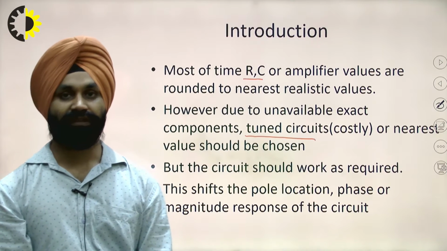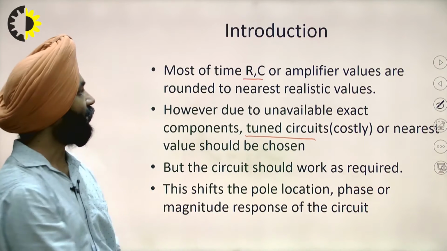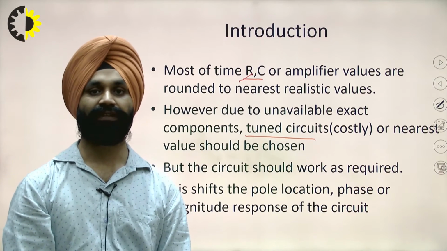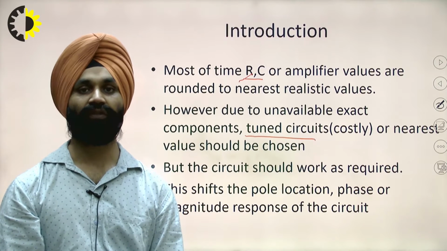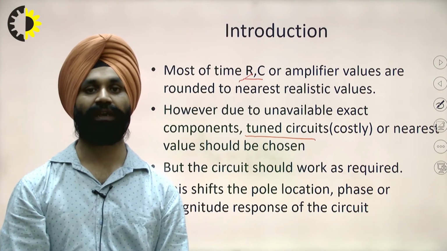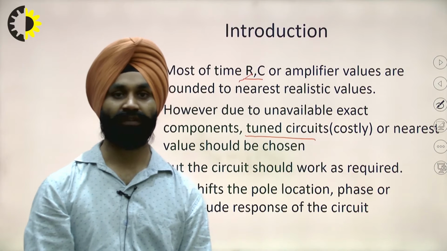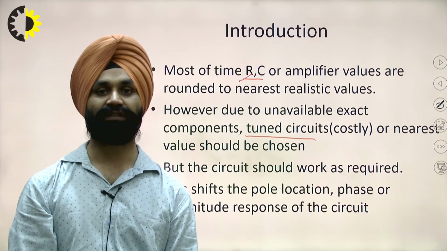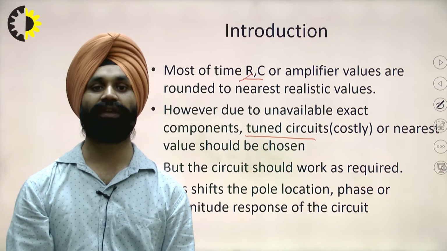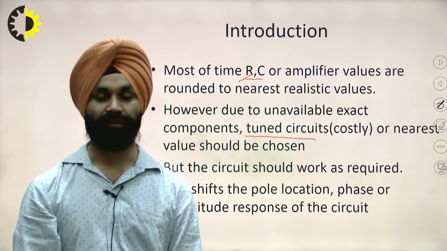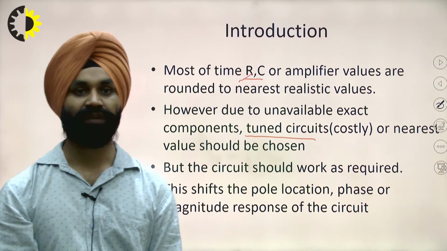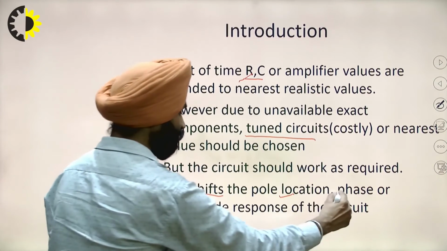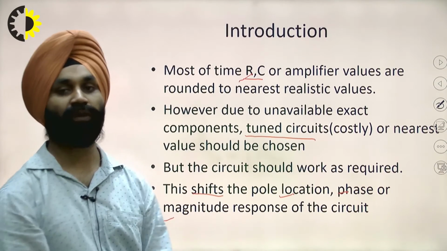Now, the shift in the values of R and C; we have seen that the inherent gain values of the operational amplifier also change the pole positions. Also, they give parasitic poles. So this gives a shift in pole location, phase, or the magnitude response of the circuit.